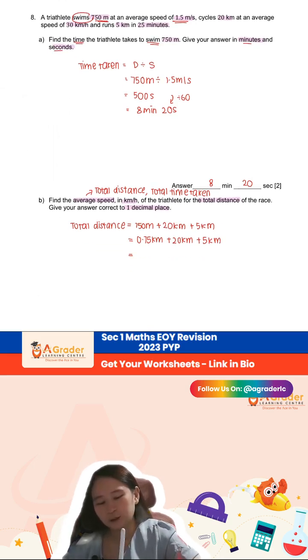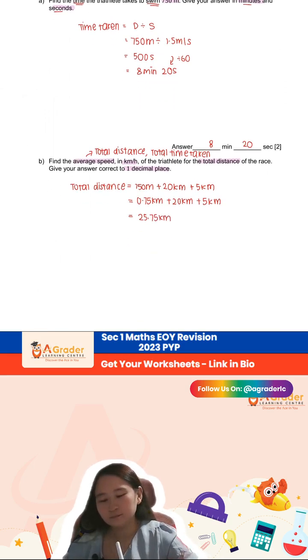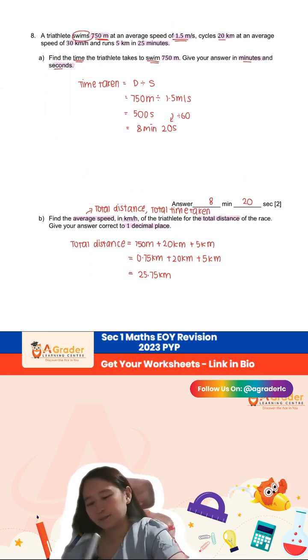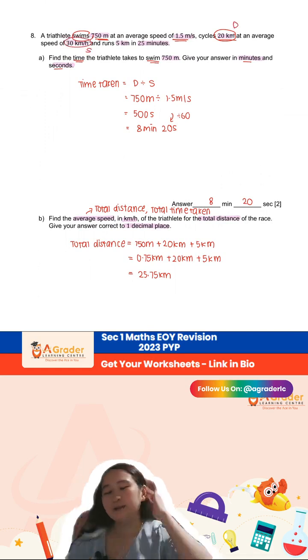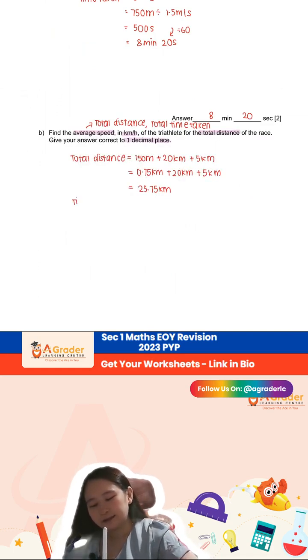So I get 25.75 kilometer. For your second part, you only have the distance and the average speed. You haven't found the time taken. Since we need total time taken, we have to find the time taken for the cycling part.